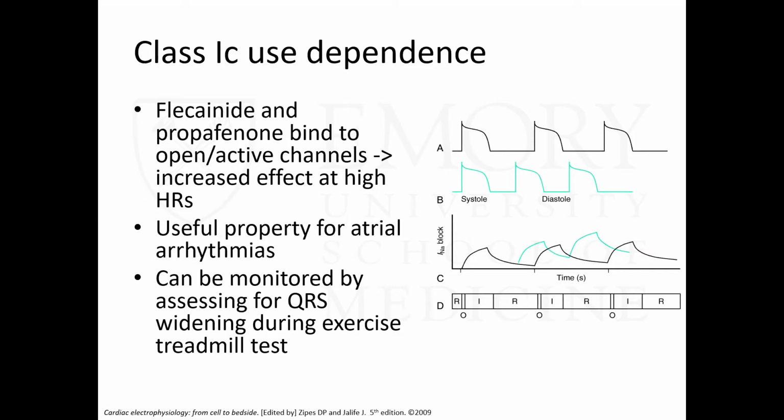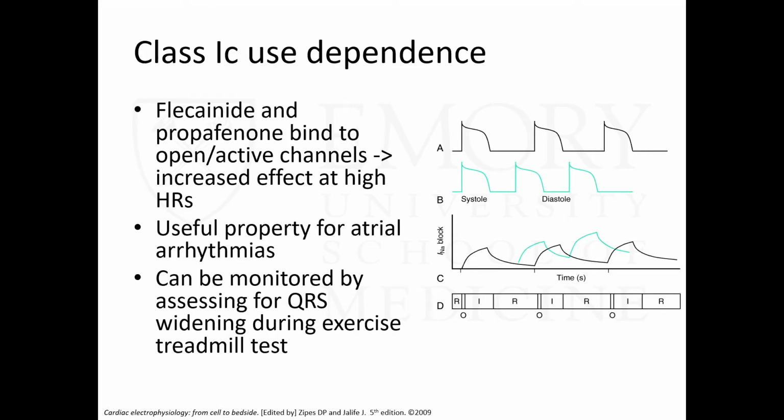The problem is that use dependence can also affect the QRS. And when you get tachycardic, either because of sinus tachycardia or because you go into some arrhythmia, the binding of flecainide and propafenone to sodium channels in the ventricle can cause widening of the QRS because it's slowed depolarization so much that your QRS is now starting to get wider, and that can lead to pro-arrhythmia.